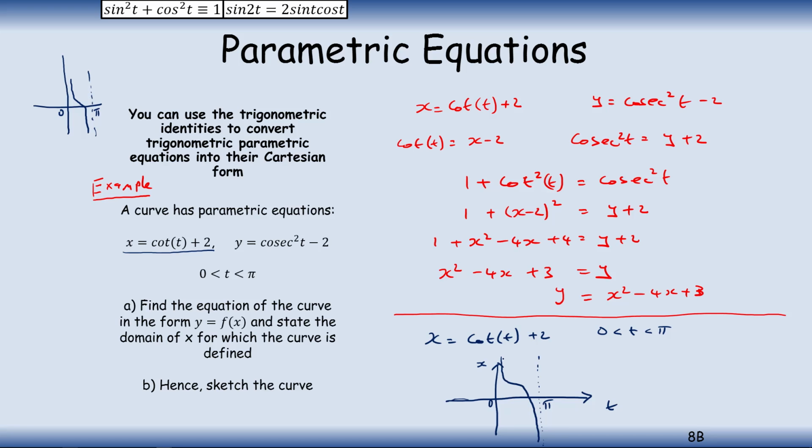Now what values can x take in that range? Well, it tends towards 0 but never gets there, so it gets ever smaller. But x ranges to infinity and to minus infinity, so x can take any value in the reals. That's our domain.